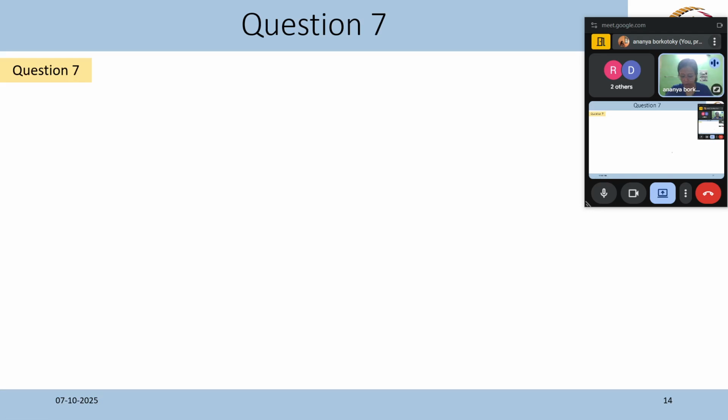This question was asked in GATE 2024. Okay, so the photocurrent of a PN junction diode solar cell is 1 milliampere.